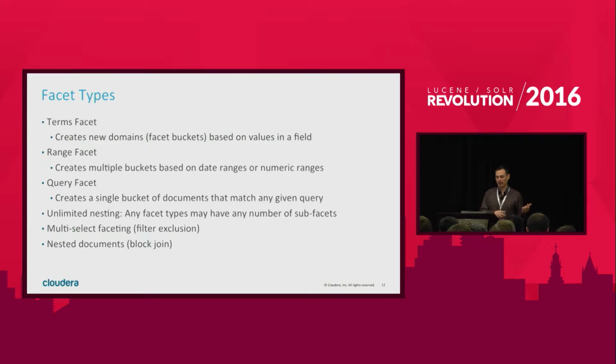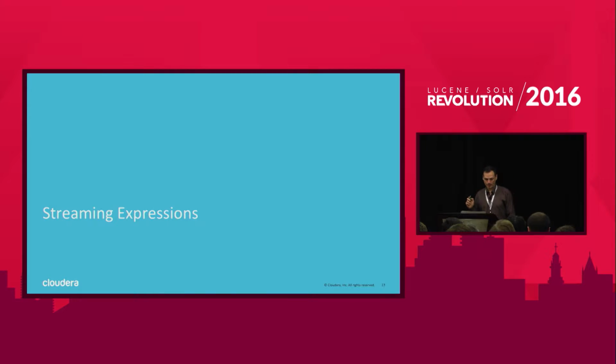You can have range facets under term facets, under query facets, to any depth that you want. We have multi-select faceting, where instead of checking a single color that you're interested in, you can check multiple colors from the UI perspective. And nested document support as well.